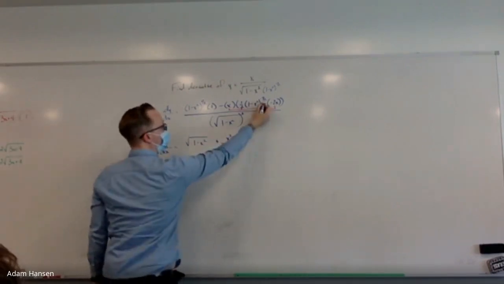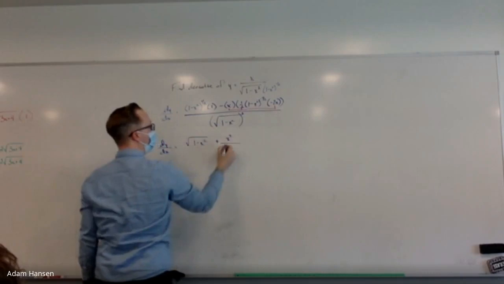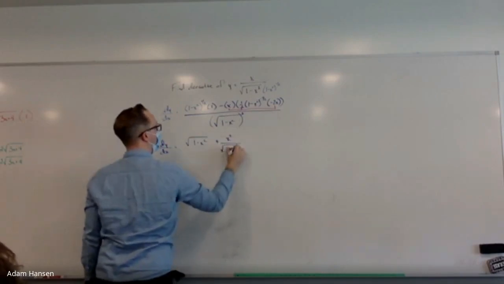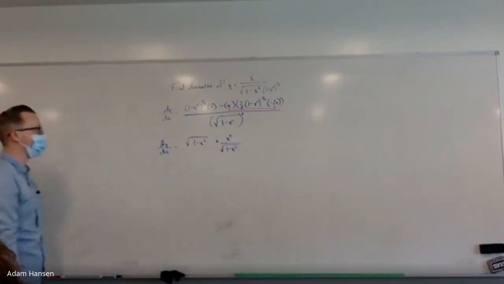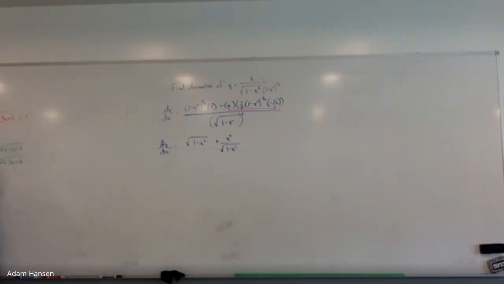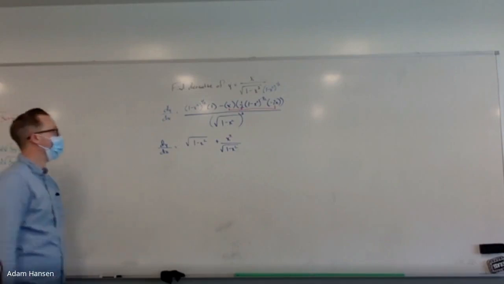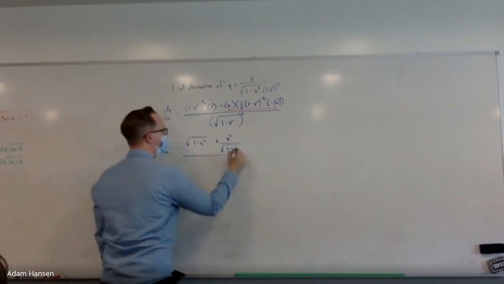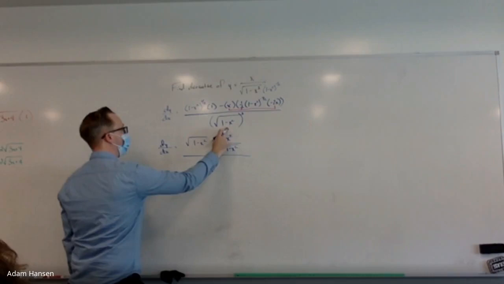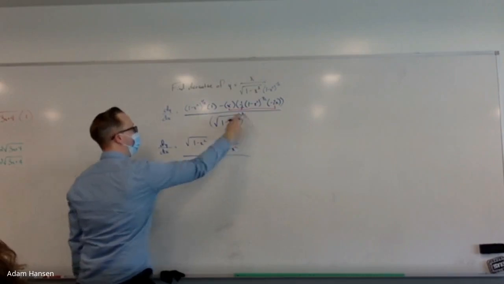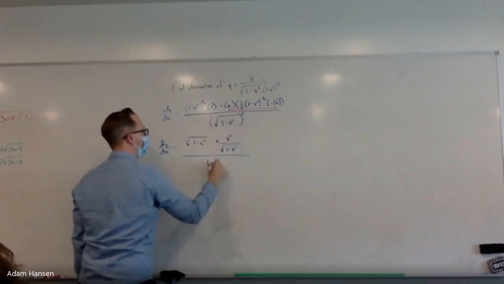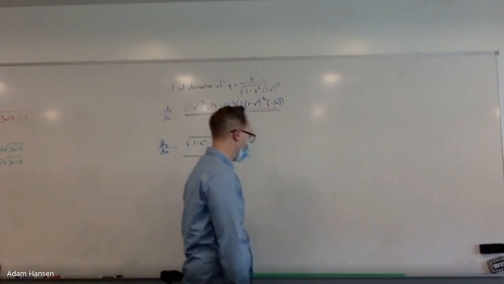Since this has a negative exponent, I'm going to put that into a fraction where it's in the denominator. On the bottom, when I square a square root, radical 1 minus x squared, squared, is simply 1 minus x squared.